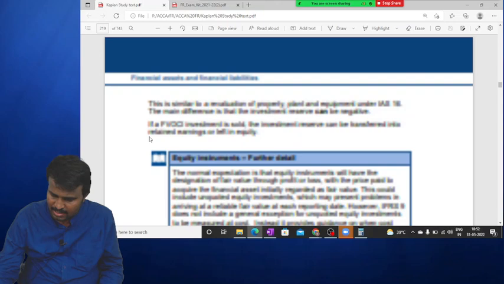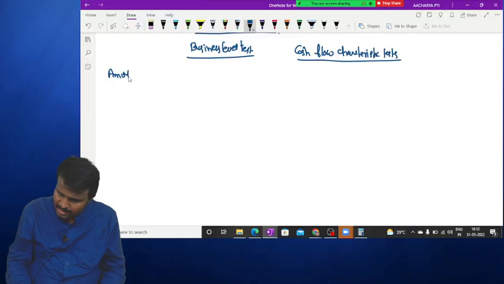Then we consider amortized cost, fair value through the OCI, and fair value through the profit and loss.